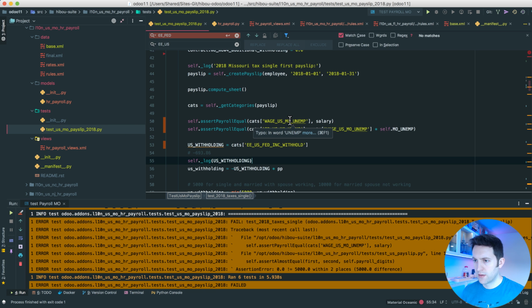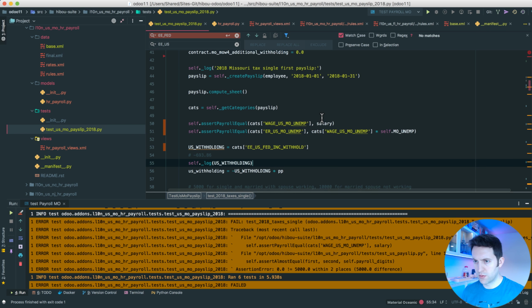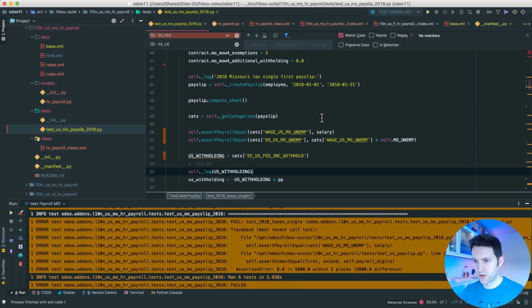Okay. So we're saying that it should be equal to our salary, and it's on the first pay slip, so that is true. Wage, USMO, unemployment, salary. Okay.